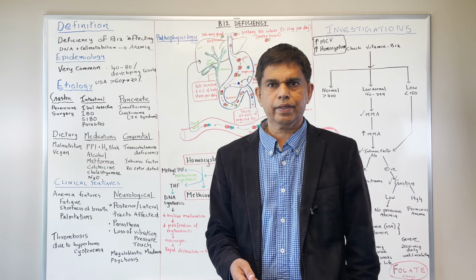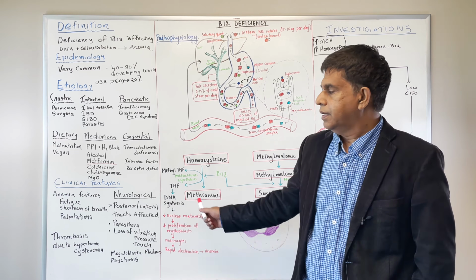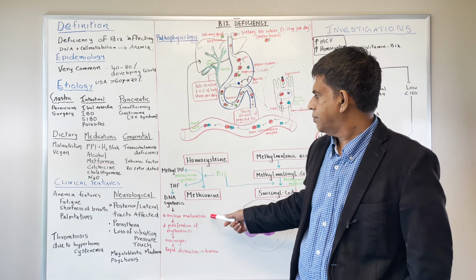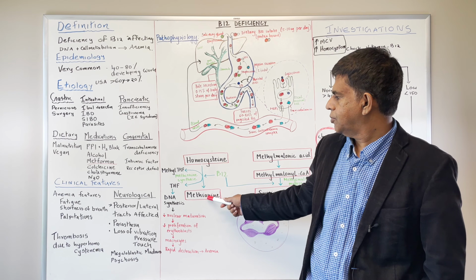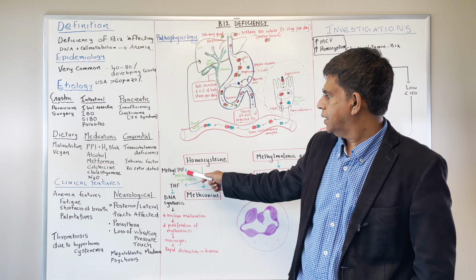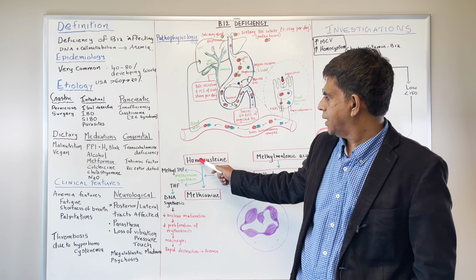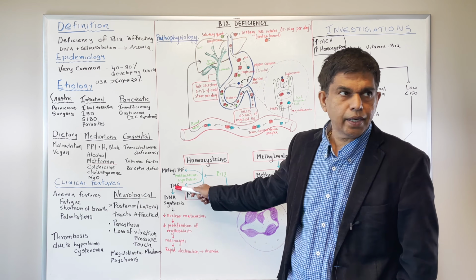DNA synthesis is affected. That's why the cell becomes megaloblastic, right? So this is the second part. Homocysteine is converted into methionine. First, homocysteine with methylene tetrahydrofolate, using methionine synthase, is converted into tetrahydrofolate.